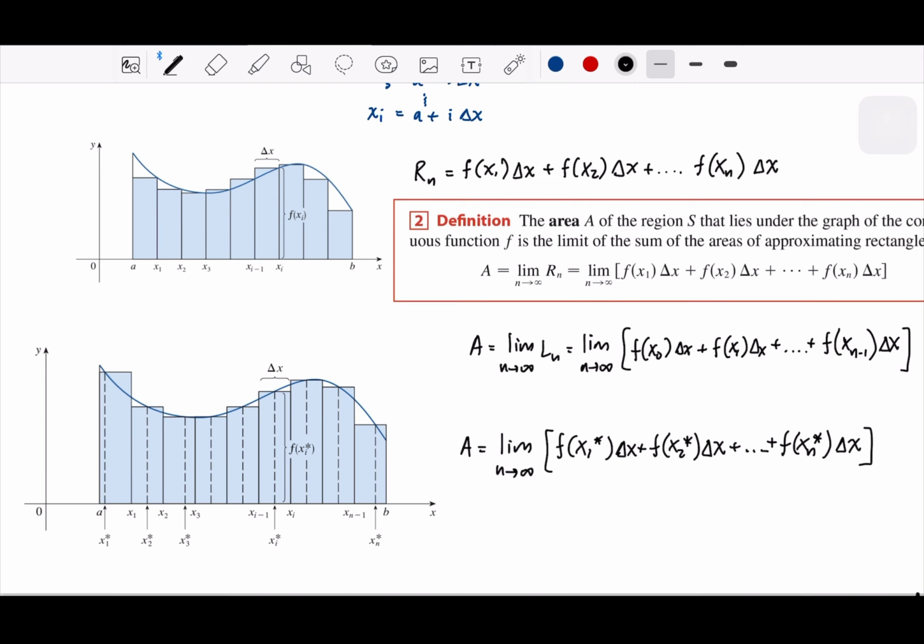We could take that in the form of summation, like in the sigma form.